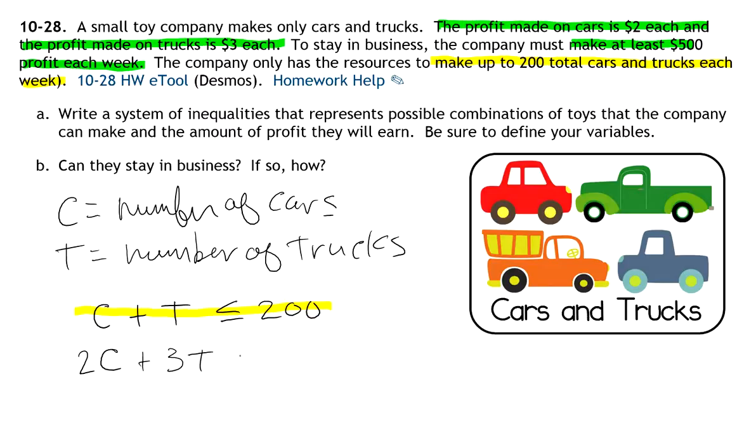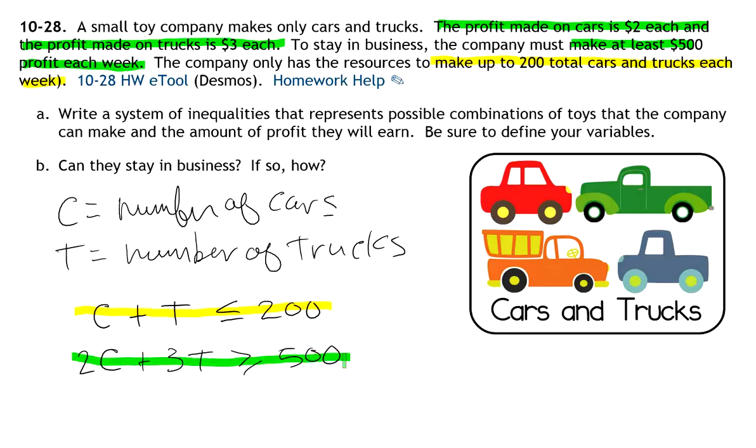In other words, that number has to be $500 or more, right? So what I'm saying is that 2C plus 3T has to be at least $500. It can be 500, but it has to be 500 or more. And I'll color code this statement as well.